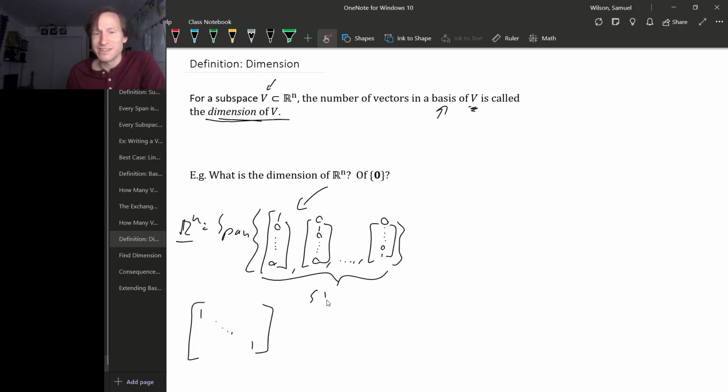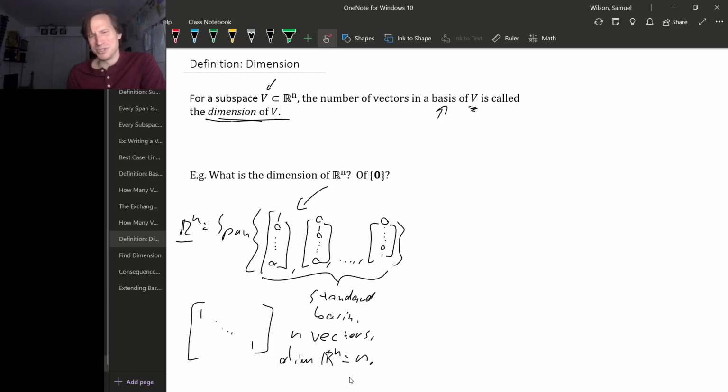This is actually called the standard basis for Rn. And how many vectors are there? Well, there's one vector for every place you can put a 1, and there are n different entries. So there are n vectors in this basis, and that means the dimension of Rn is n.